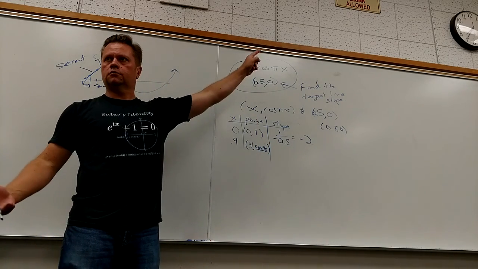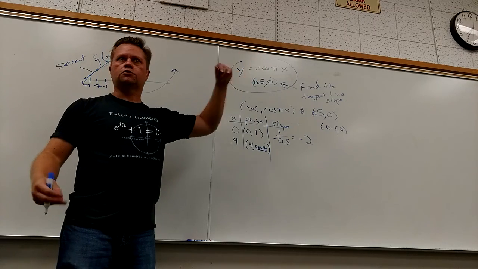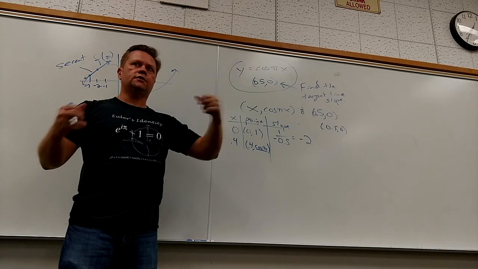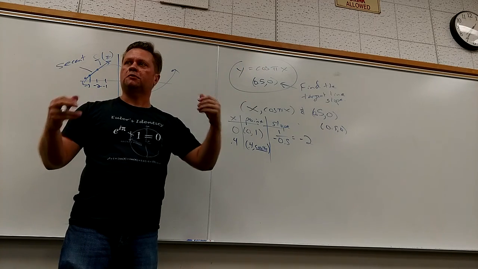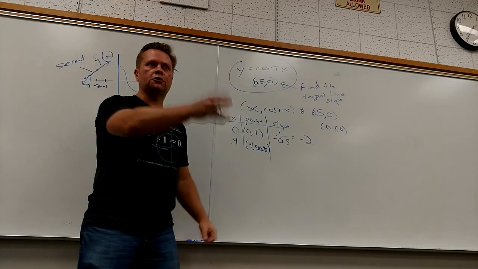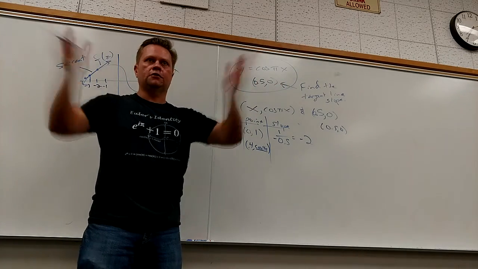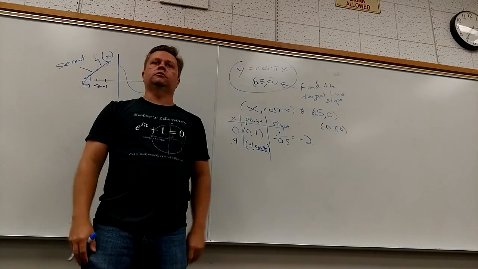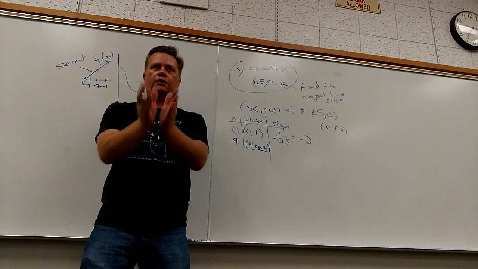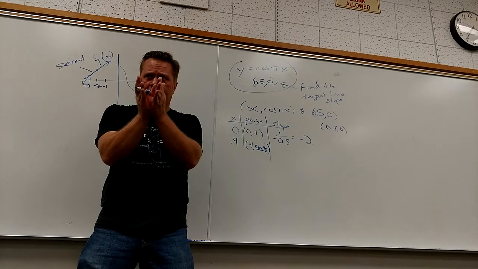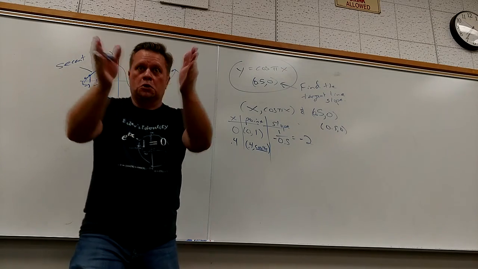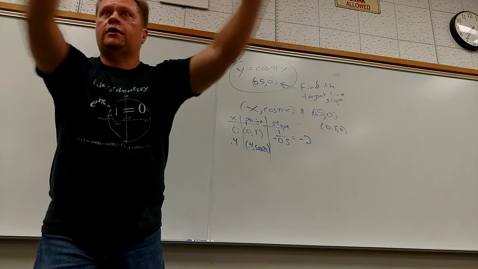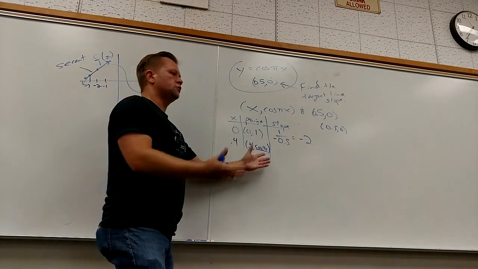Is that cool? So don't approximate until you're done with the problem. If you round too early, you throw your answer off. 1 degree off in a boat, 8 hours later, who knows where. I don't boat much, but I'm sure you guys get the idea. 1 degree off didn't sound like much. 8 hours later, you are way away from where you're supposed to be. So don't round too early.